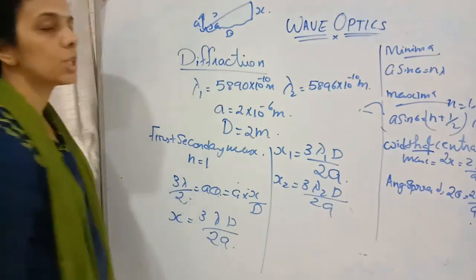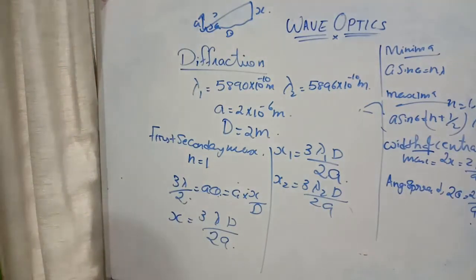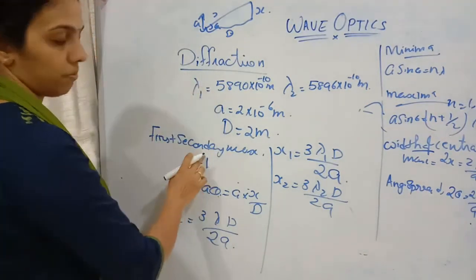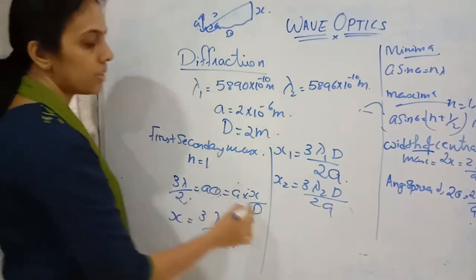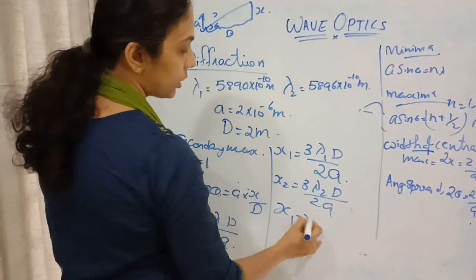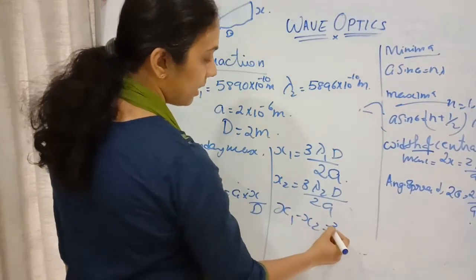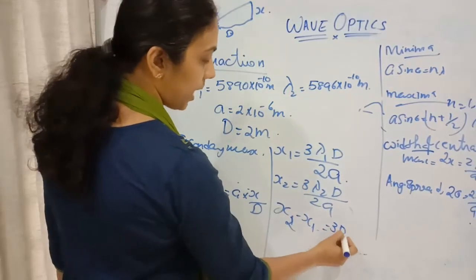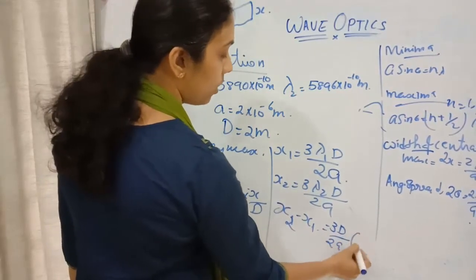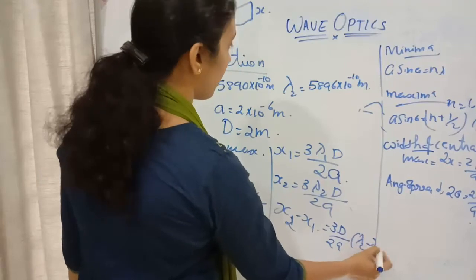We need to find the spacing between the first secondary maxima of these two wavelengths. So x2 minus x1 equals 3 capital D divided by 2a into lambda 2 minus lambda 1.